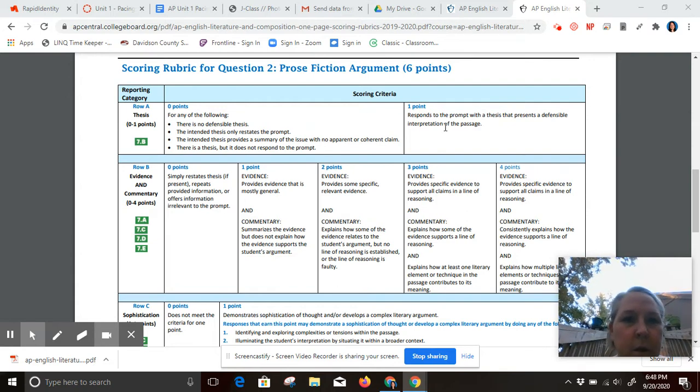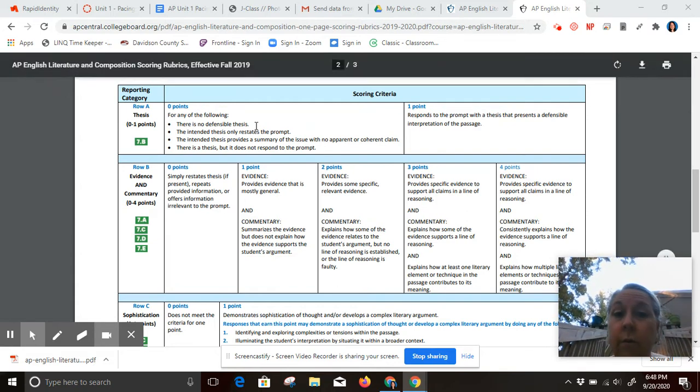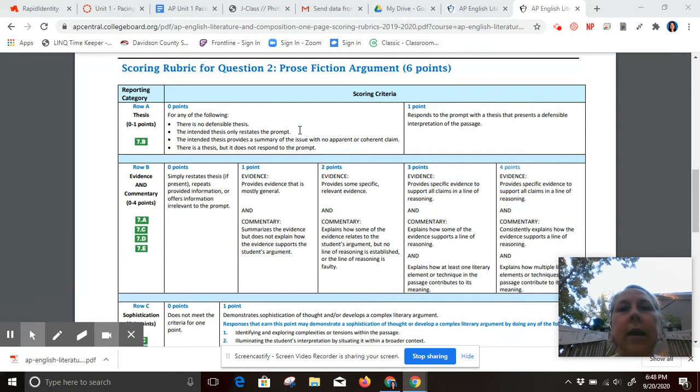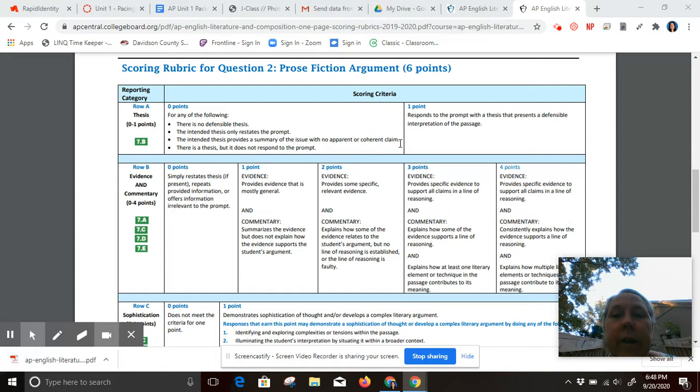Okay? Over here for no point, there's no defensible thesis. The intended thesis only restates the prompt. So again, you can't approach this like an ACES format if you've used that at your schools. You have to answer the question with a couple of key points that you're going to defend throughout your essay. The intended thesis provides a summary of the issue with no apparent or coherent claim.